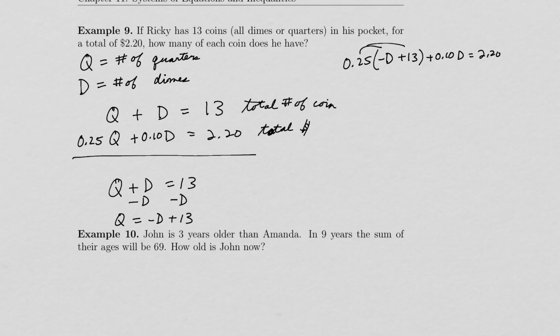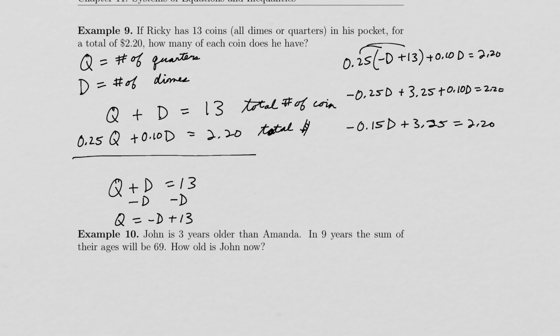Distribute, so I have negative 0.25 d plus 3.25 plus 0.10 d is equal to 2.20. If I combine like terms, right, I have negative 0.25 d plus 0.10 d. That's going to be negative 0.15 d plus 3.25 is equal to 2.20.